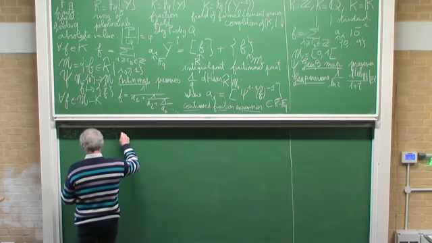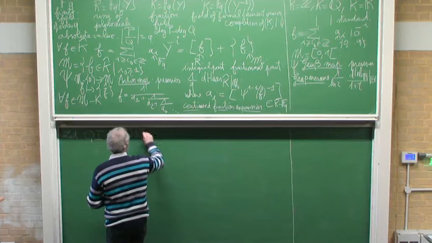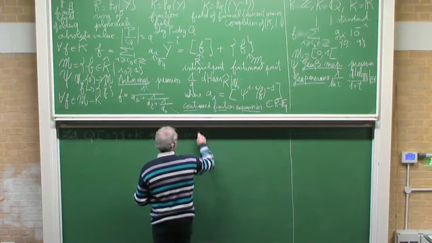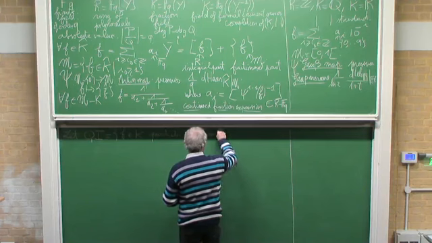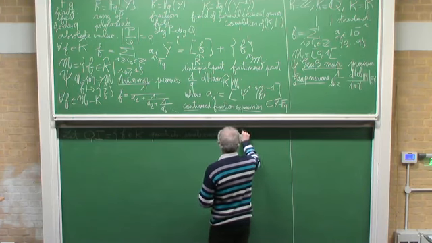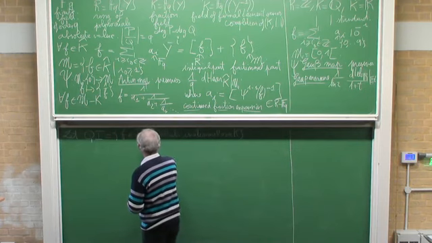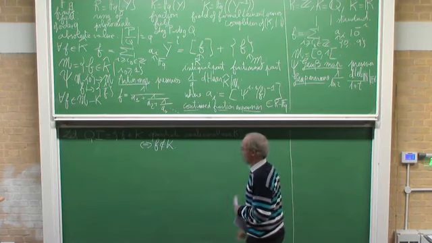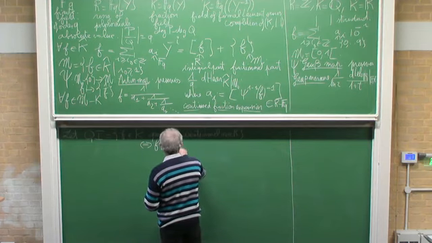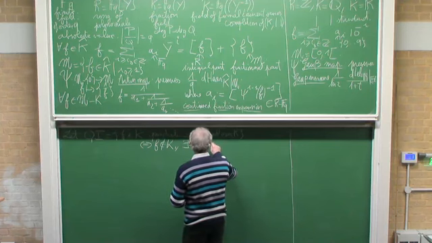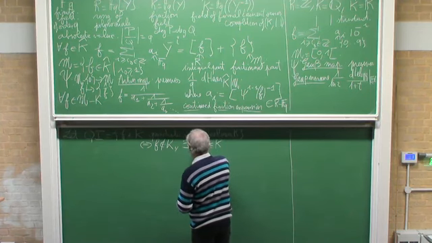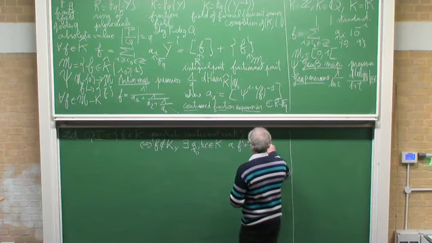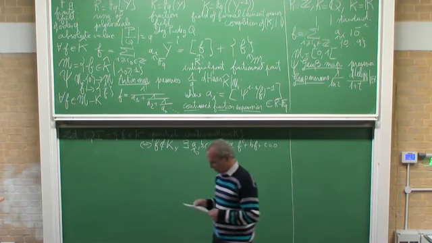So let QI be the set of quadratic irrational elements over K, which means simply that F is irrational, so it is not an element in the fraction field of K, and there exist A, B, C in K, with A non-zero, so that A F squared plus B F plus C is equal to 0.